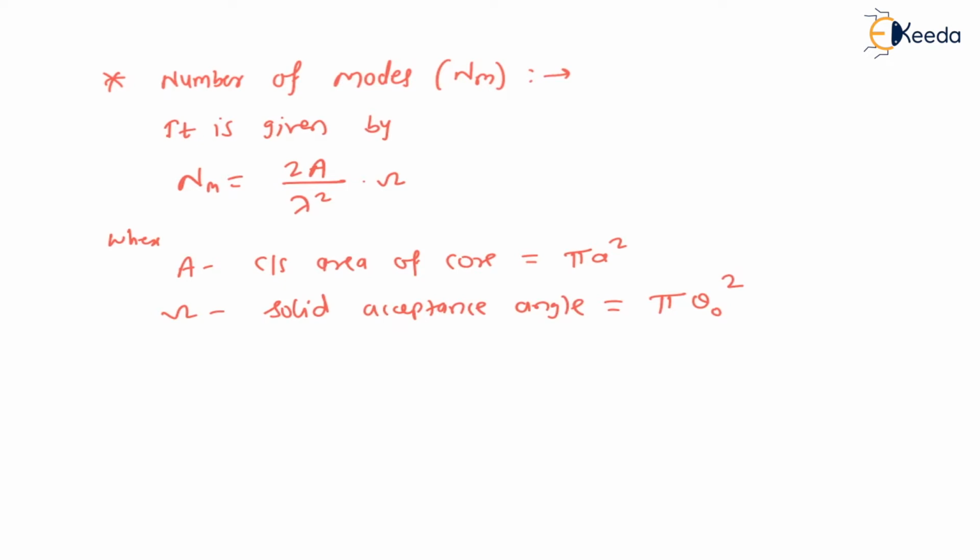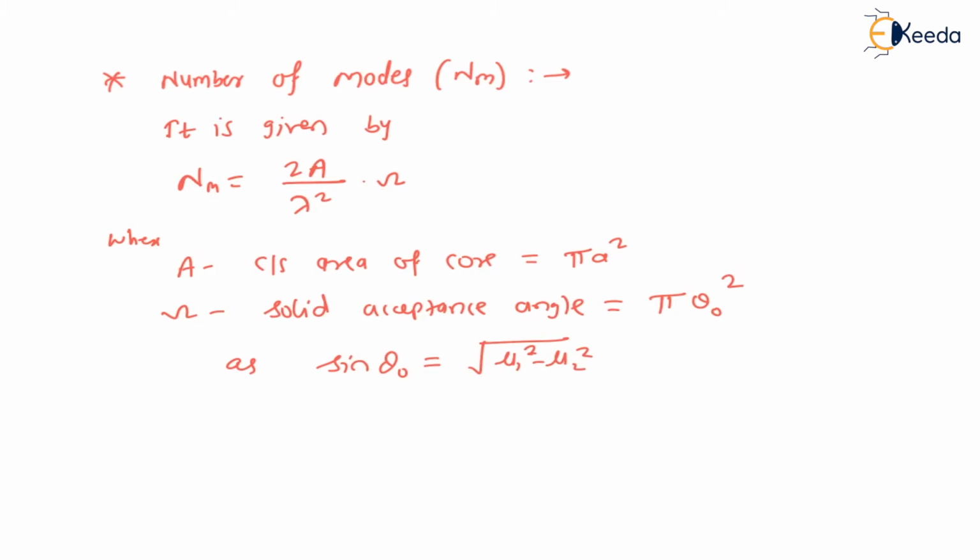Now here I'll write this as C. Here this theta naught, or instead of that I'll write sin theta naught is equal to under root of mu1 square minus mu2 square. Now we know this particular formula.